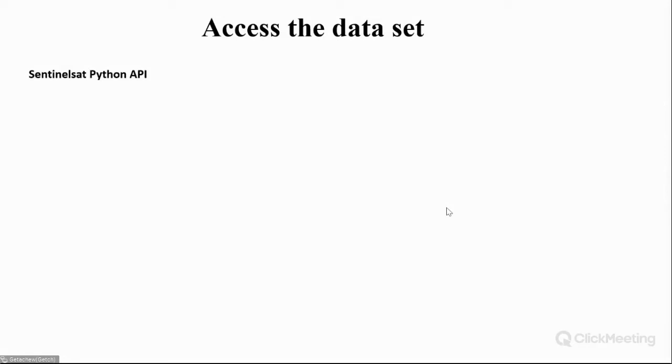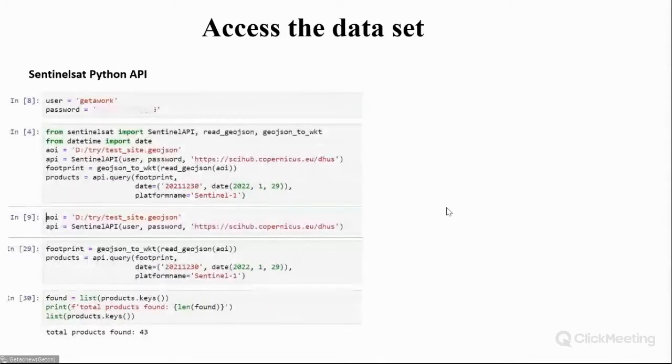But if you are working on the command line interface, and if you want to have a single workflow in your computing environment, you can use the Sentinel Python API, which is an integrated API that enables you to access the data from the repository. To do that, first you register in the Sentinel Hub, and then you will have a password and a username. Using that, you can directly grab the data using the Sentinel Python API.